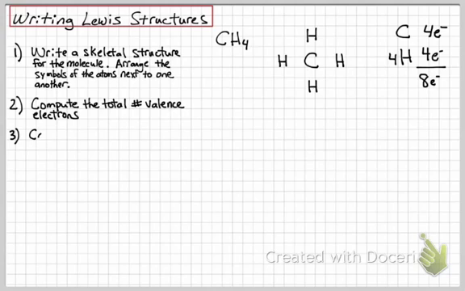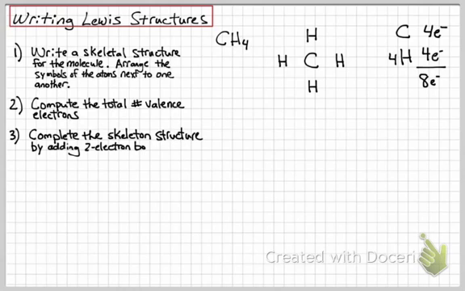Next, you're going to complete your skeleton structure. And you'll do this by adding 2 electron bonds between each atom in the structure.